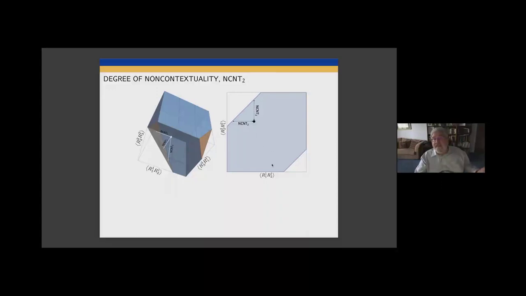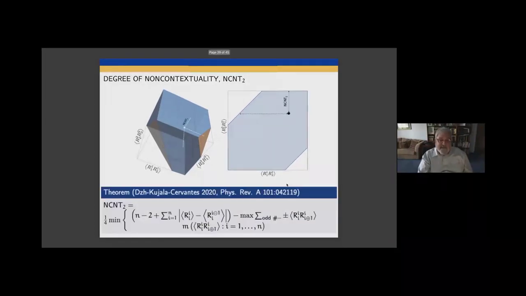This would be a natural measure of non-contextuality of your system, how deeply non-contextual it is, or how easy it is to disturb the system so that it becomes contextual. So this is the reason I use this particular measure. And again, it is the same formula, but taken with the minus sign.